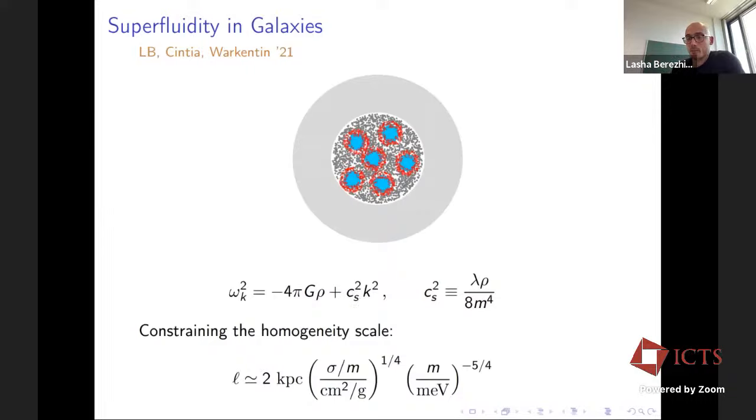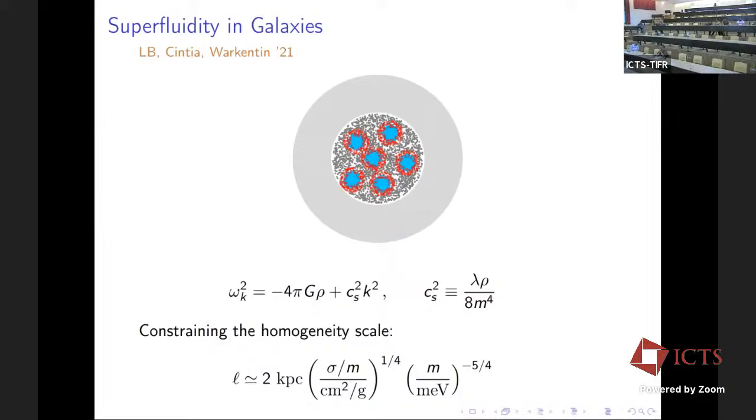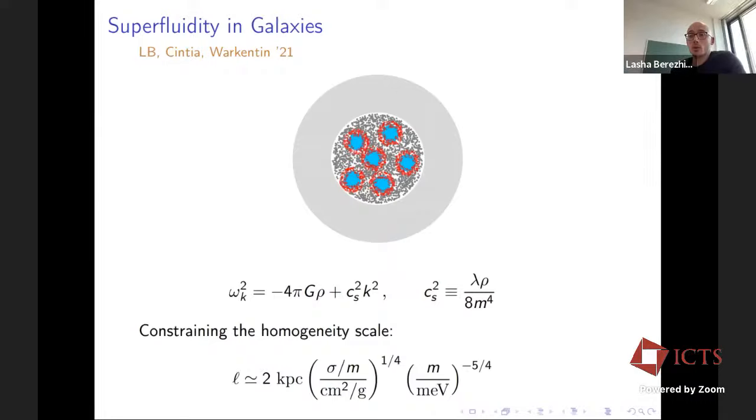Okay, but they also claim that they get around 30 kiloparsecs, or tens of kiloparsecs, of condensate correlated over that. It depends on the model. For fuzzy dark matter, that's what you get, up to a few kiloparsecs, I guess. Maybe 10 if you stretch it.